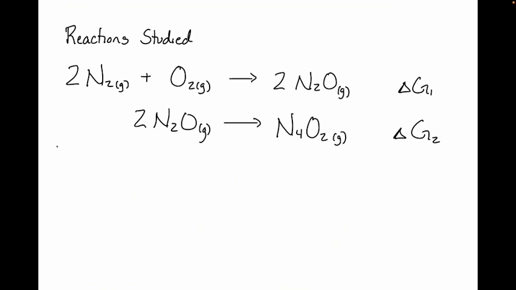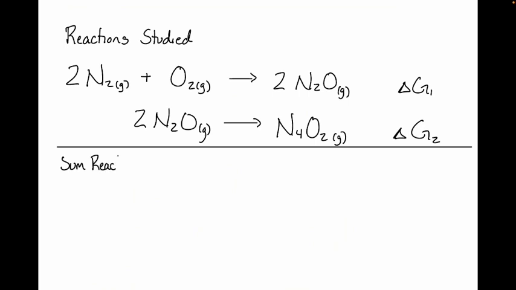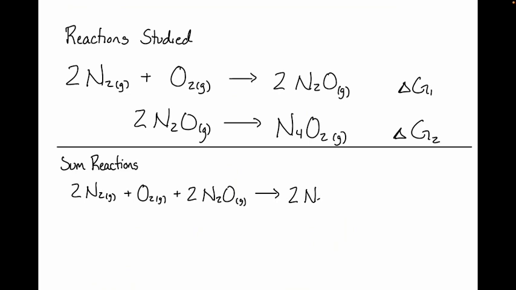Now what we're going to do is sum these two reactions up. All of my reactants, I'm going to add up on my reactant side: my two nitrogens, my oxygen, and those two N2Os. I'm going to do the same thing on my product side: my two N2Os and my N4O2.